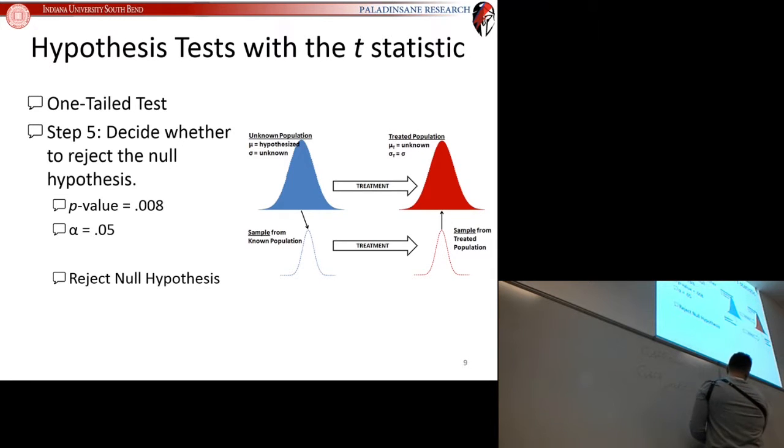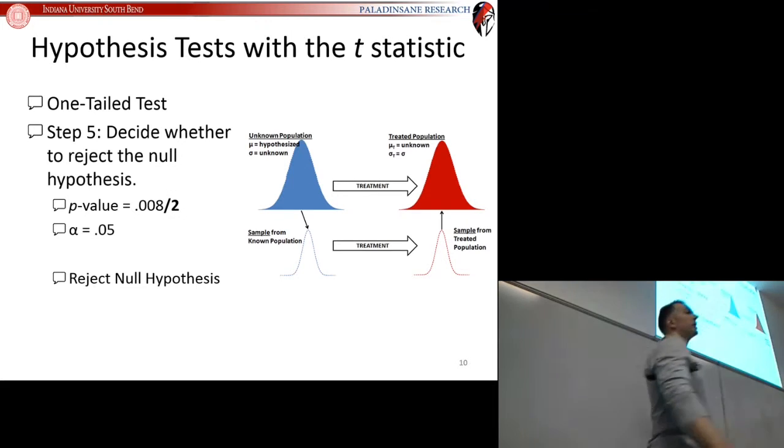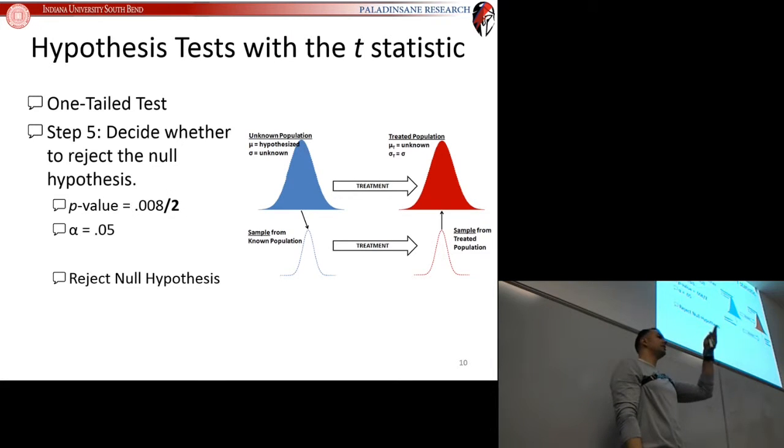And to get rid of one of the tails, all you do is take that probability and divide it by 2. So you take your sample's probability, which SPSS will give you as 2 tails, and you say, thank you very much, SPSS, but I only need half of that. I only need the one tail.